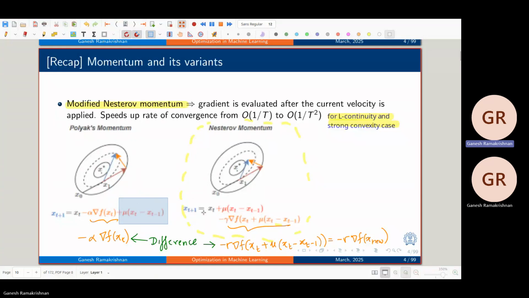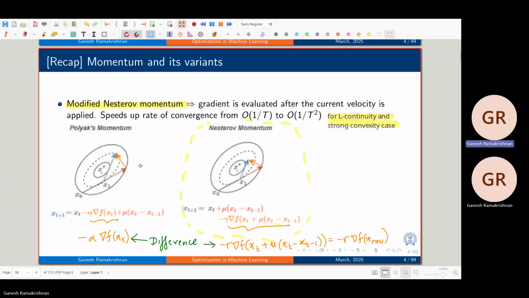On the right hand side, what you do is instead you take the momentum part first. On the left hand side, the gradient is evaluated with respect to the previous iterate and then added after you go to the new velocity updated point. Here, the gradient itself is with respect to the new update.